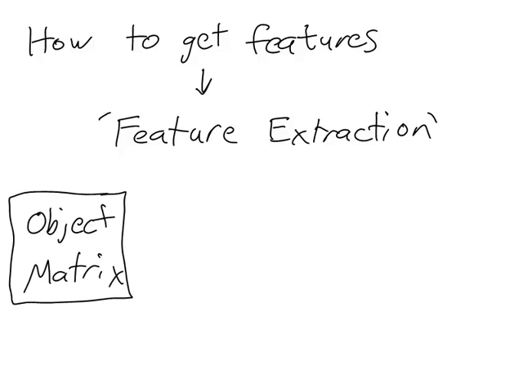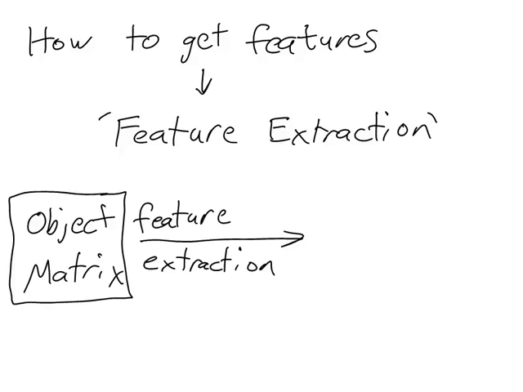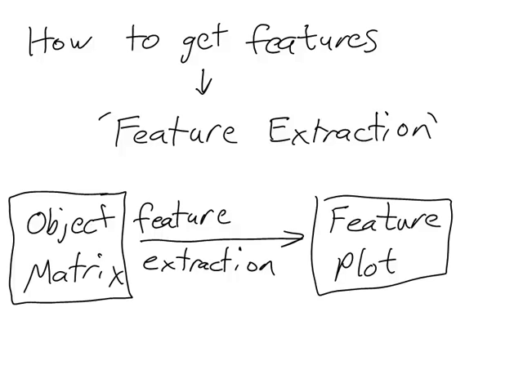The input in a feature extraction process is the object matrix. Remember that the object matrix was the output of our object labeling algorithm. Here, the object matrix is the input. After applying the feature extraction process, the output is something known as a feature plot.